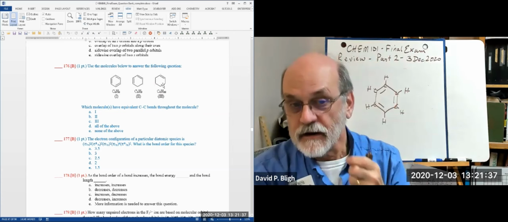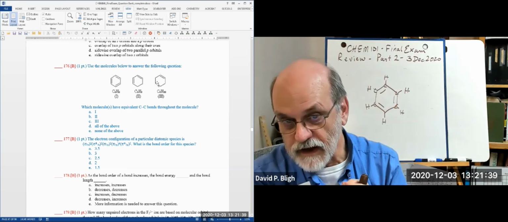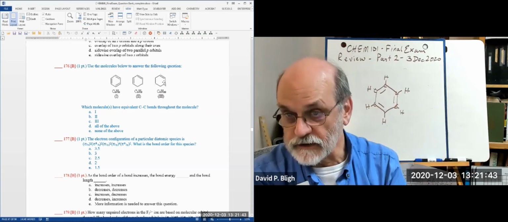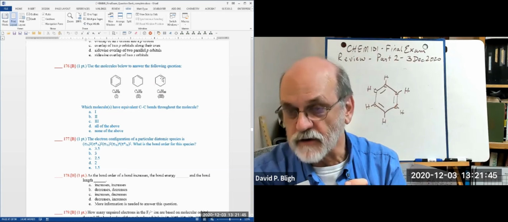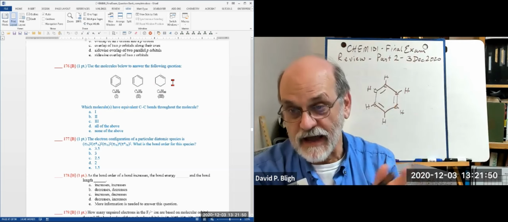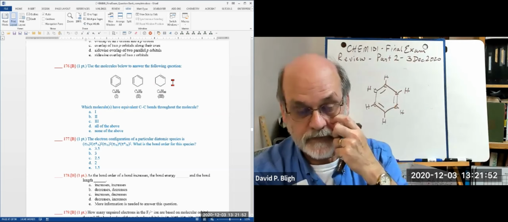Now in this case, these sigma bonds here, there, and there are equivalent. But this double bonded one is shorter. So that tends to destabilize the molecule, actually, just as a side note.